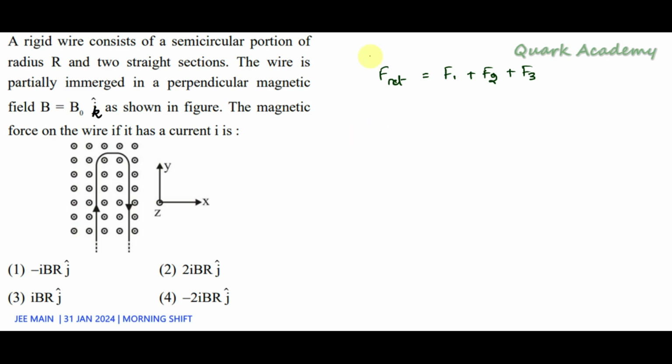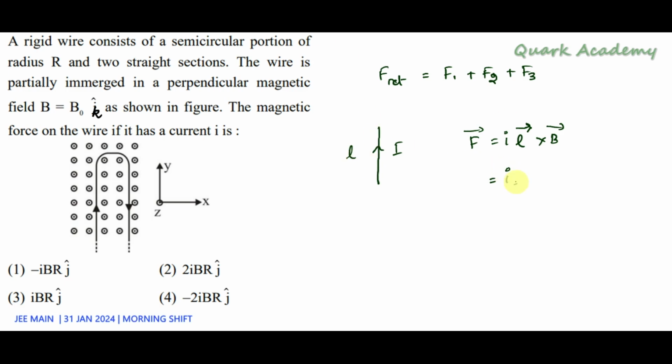So let's consider the straight section, maybe this one. It has current I, and let's consider the length is L. So here the force can be written as F equal to I L cross B. So how do we write this L vector? L vector we have to consider in the direction of current.